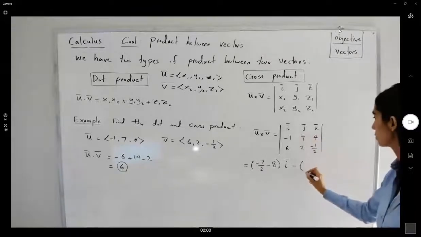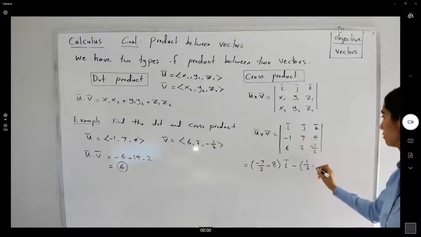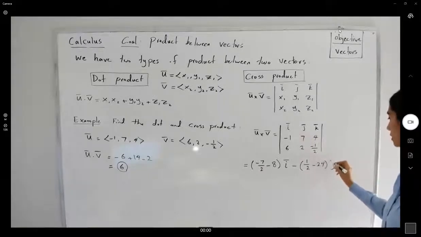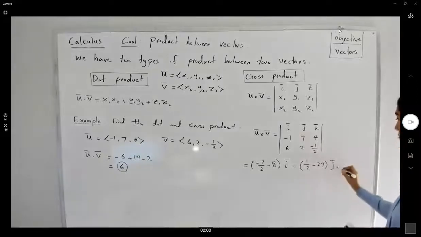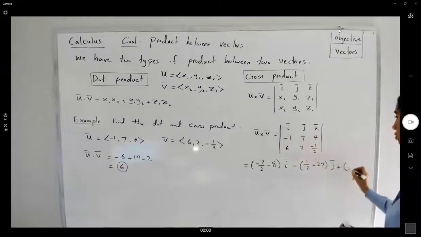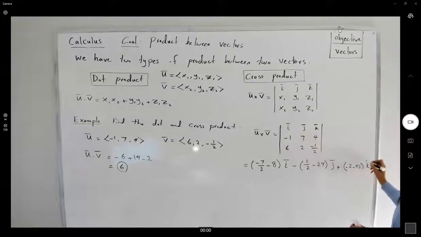So we're going to have a half minus 24 times j in the direction of y-axis plus, and here we have k times the determinant of this 2 by 2 submatrix, which is -2 minus 42 in the direction of z-axis. Now let us do the algebra.